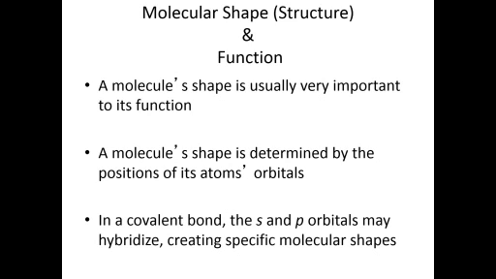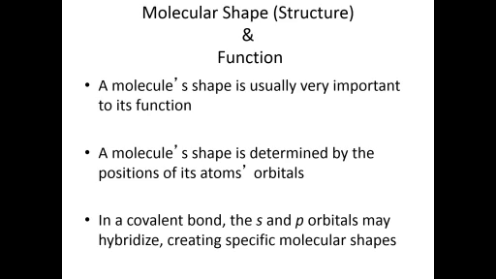Well, it has to do with, one, what particular atoms are found in that molecule. And it has to do with the particular properties of each of those atoms, their electronegativities. Are electrons being equally shared or unequally shared in a molecule?